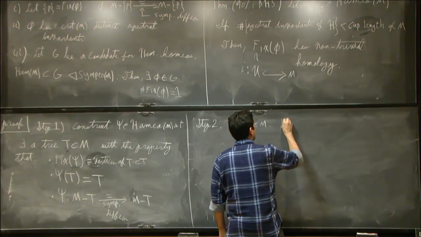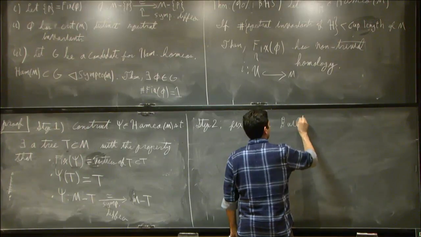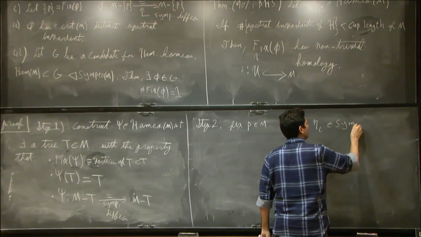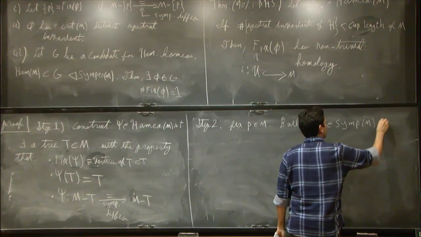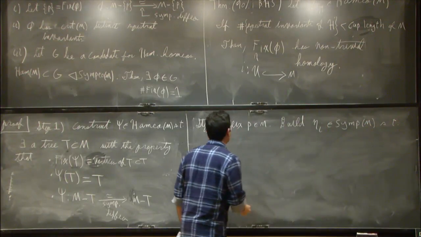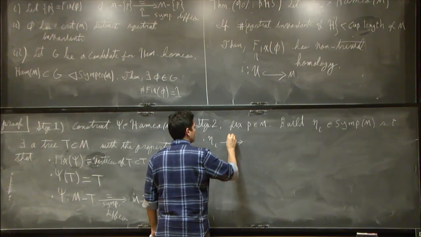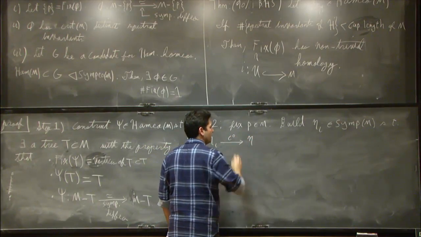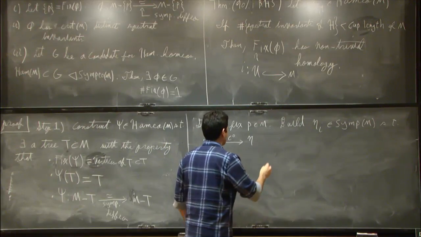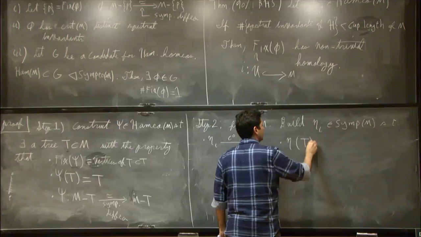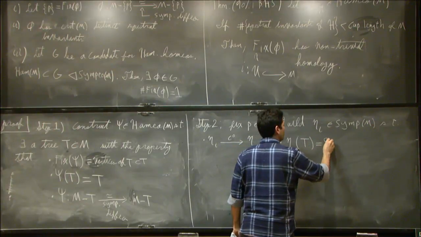What I'll do is I'll build a sequence of symplectomorphisms eta i with the following property. Firstly, these eta i's will converge in the C0 topology to some map eta. And secondly, eta will have the property that it collapses the tree to the point P.